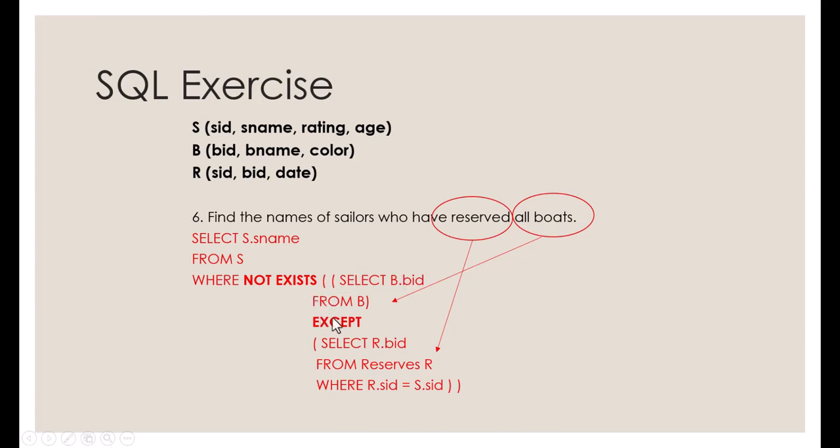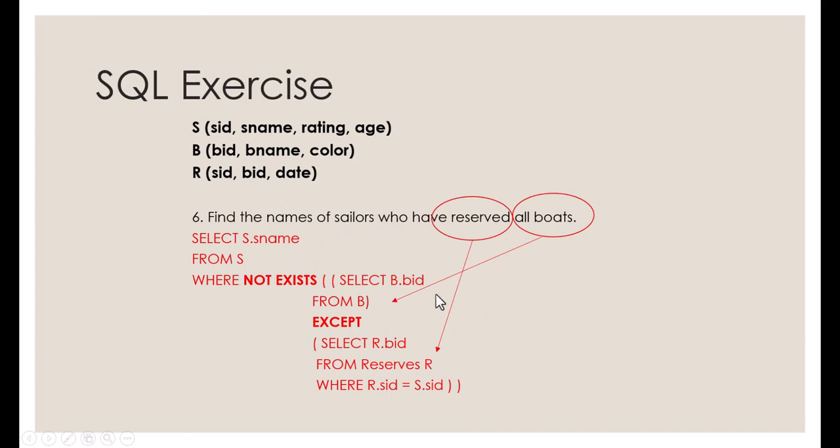The first subquery returns the list of all of the boat IDs, then we have an except, and these are the list of all the boats that this particular sailor, S.sid, has reserved, which can be found in Reserves, R.sid. So these are a list of all the boats, and these are the list of all the boats that this sailor has reserved, right?